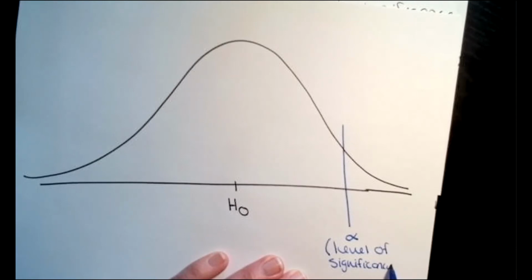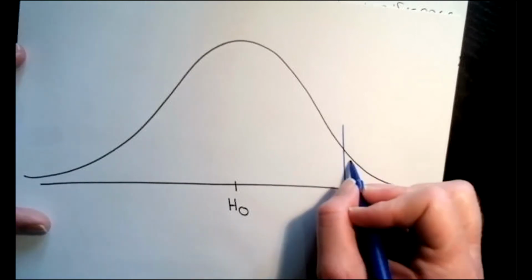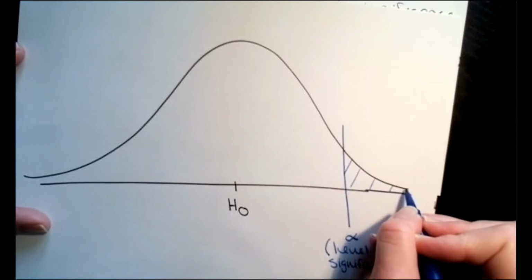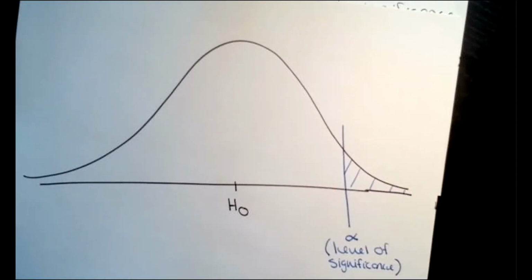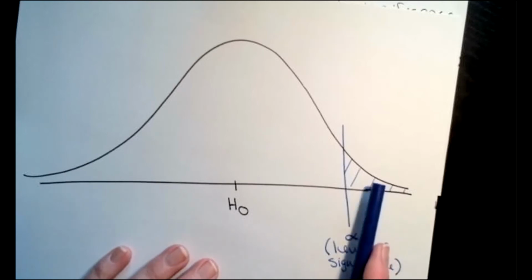Maybe it's given to me and it's 4%, okay? Maybe it's not given and it's not a medical problem, so it's 5%. Whatever it is, we're looking at this area in the tail right here, okay? That's what we're studying. We want to know where our sample is in comparison to my alpha.